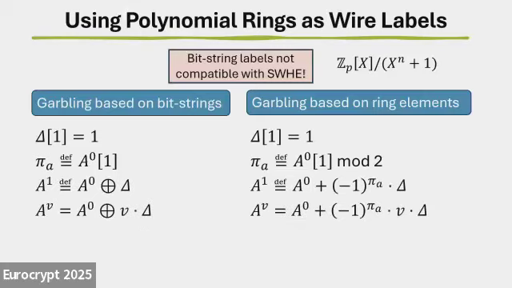Before, the 1 label equaled the 0 label XORed with the global key, and now A1 equals A0 plus or minus delta, where the plus or minus depends on the value of the permutation bit. These are the differences.